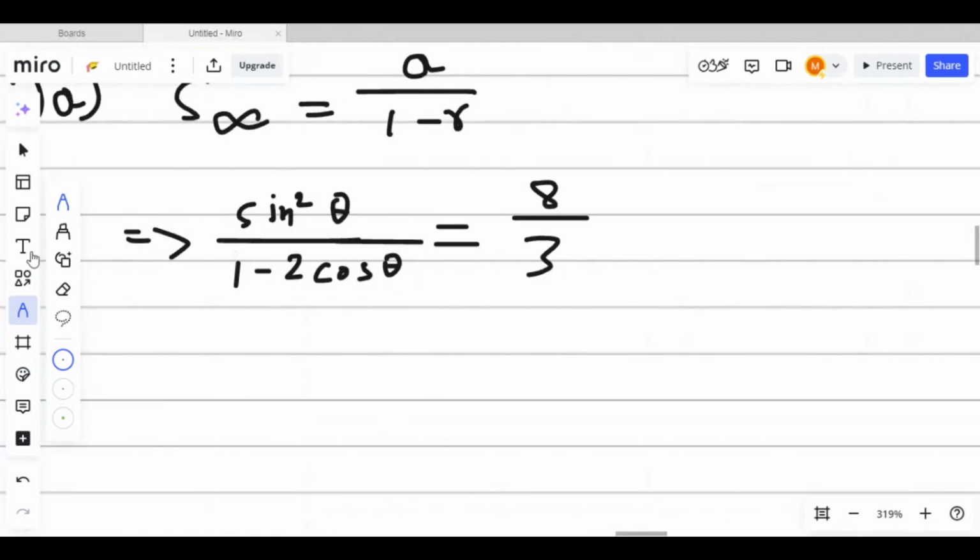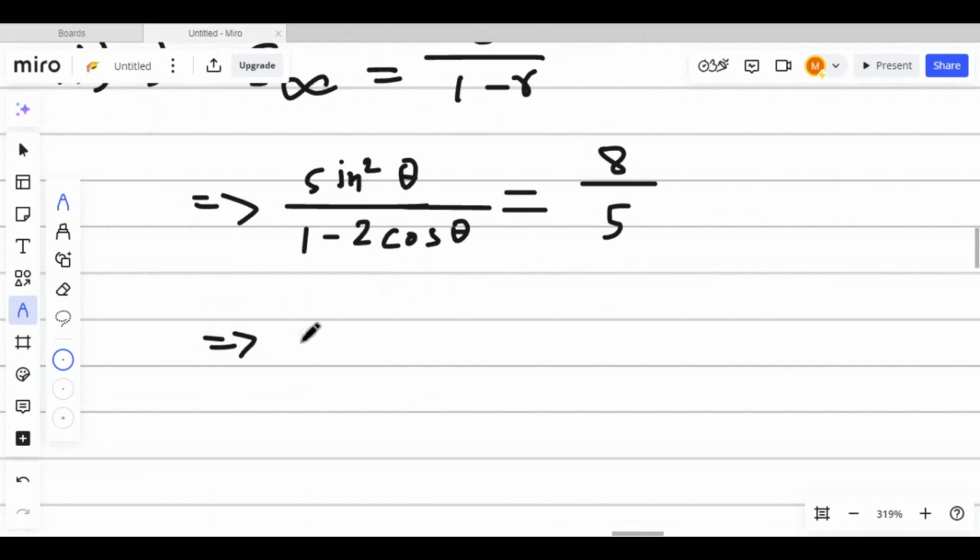Sorry, this is 8 over 5. So now cross multiply. You'll get 5 sine squared theta equals 8 minus 16 cos theta.